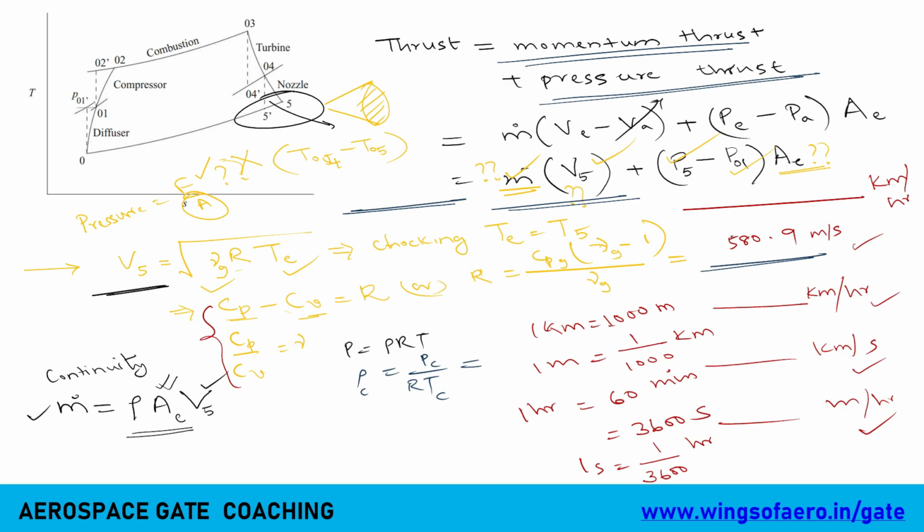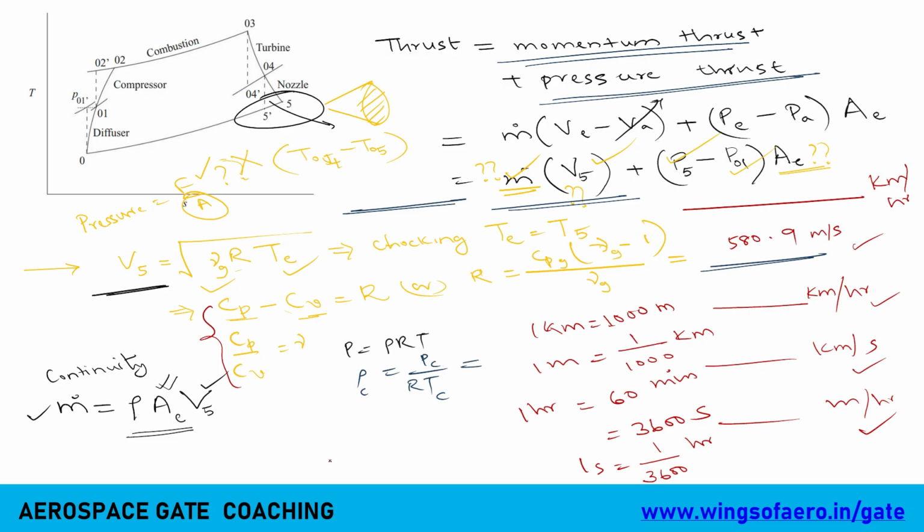Alright. Now you tell me the answer. What is the total thrust? The question is not over. So we have to substitute the values and find out what the thrust is. And tell me the answer in kilonewton, rounded off to integers.